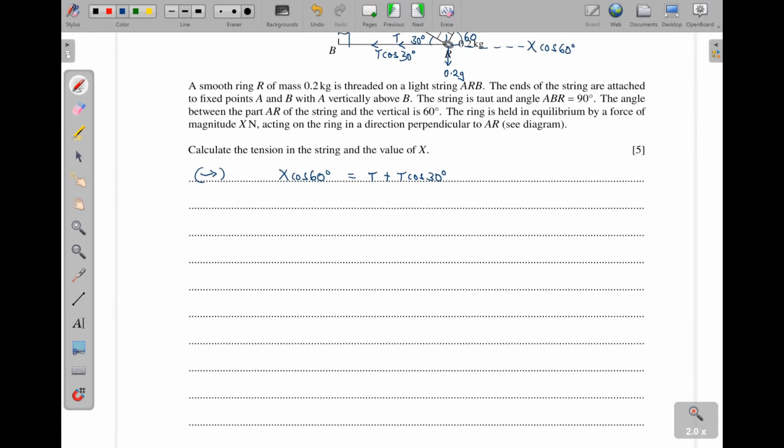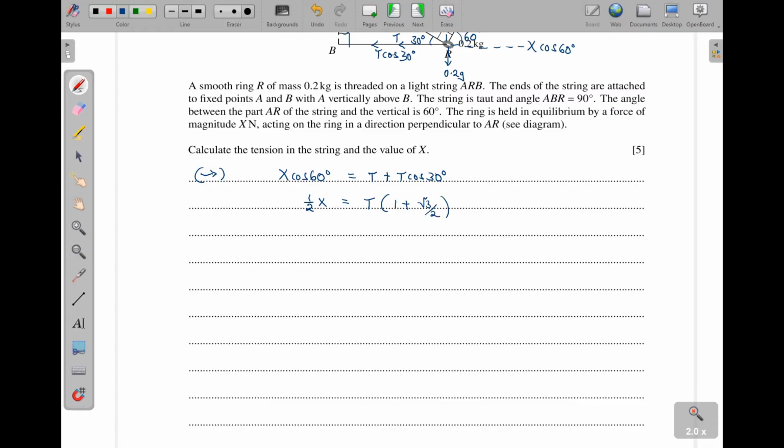Okay, then cosine of 30 is of course a half, so we shall have a half of x equal to, I can say t here is common, then I factorize it. Cos of 30 is root 3 over 2.